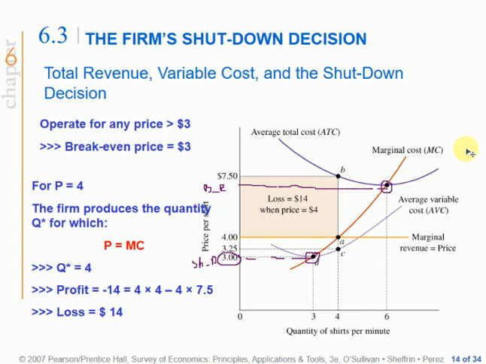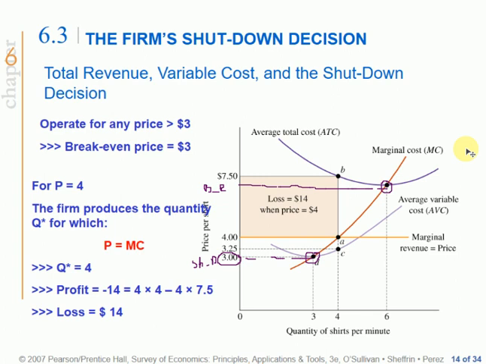Remember, the shutdown price is where the price is equal to the average variable cost, but also the price is equal to the marginal cost, because in the short run the firm maximizes its profit by producing the quantity where the price is equal to the marginal cost.